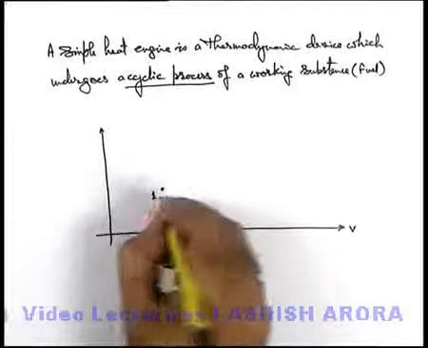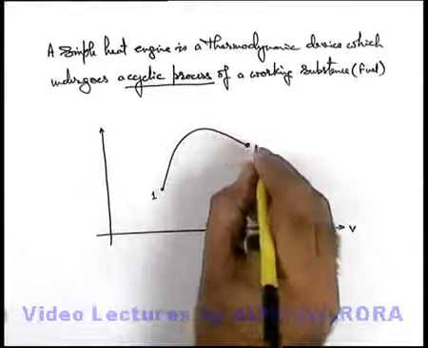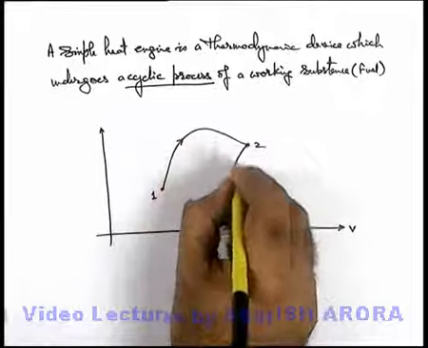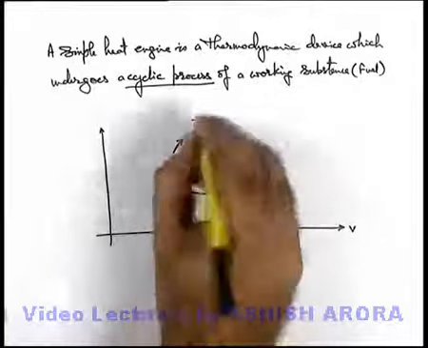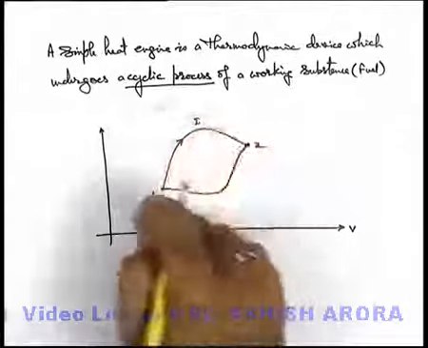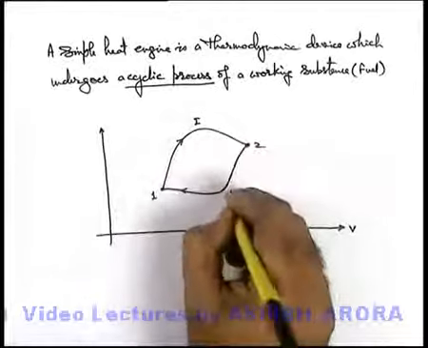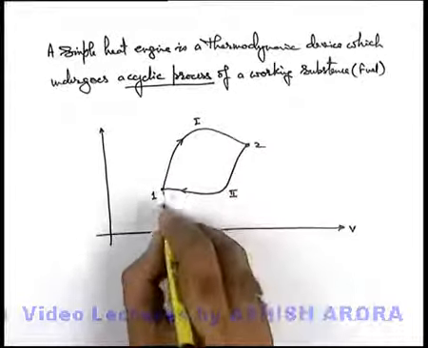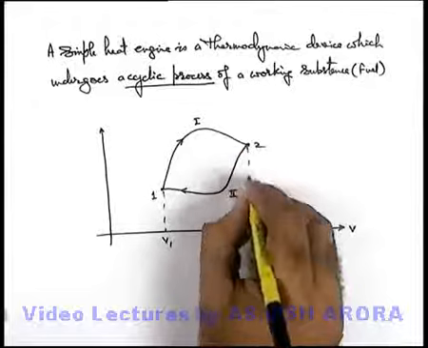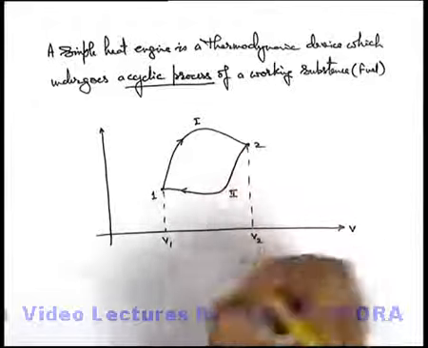Say from state 1, a gas is taken to state 2, and finally by another path it comes back to state 1. Say its expansion path is 1 and its compression path is 2. And say the volumes involved are V1 and V2.